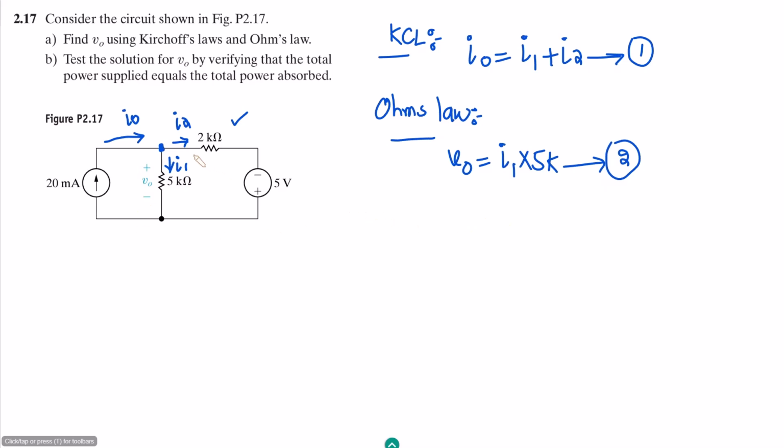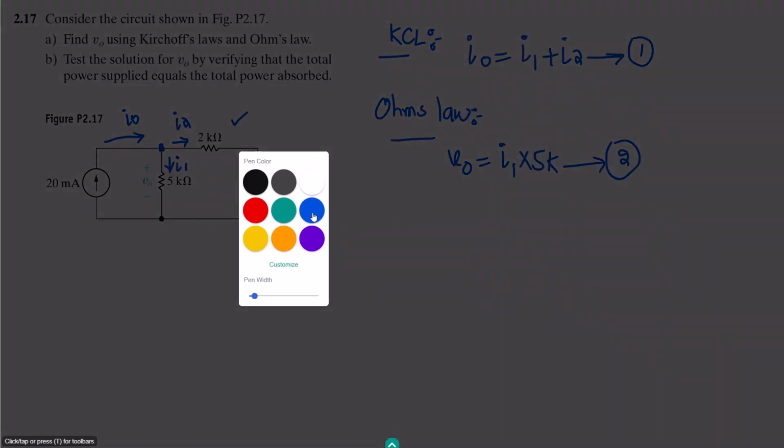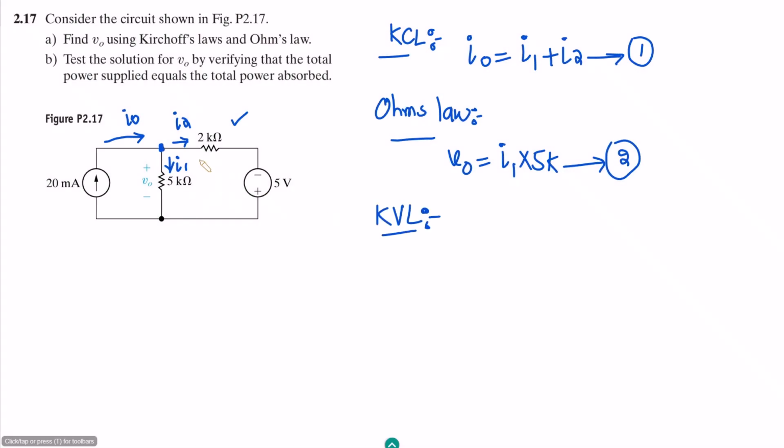Okay, the third one here is, let me consider this overall branch, and here applying the KVL. If we call the voltage drop across this one V2K, and the voltage here, let me call it V naught, because this is given, and this is V2K.